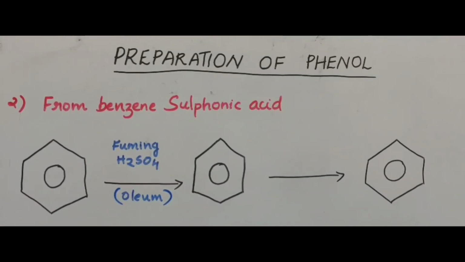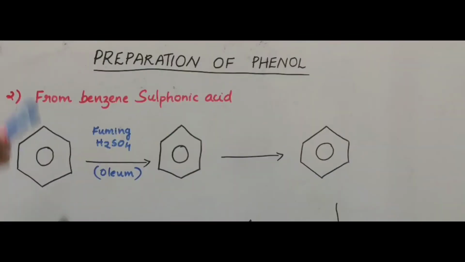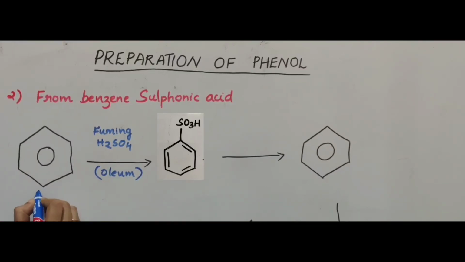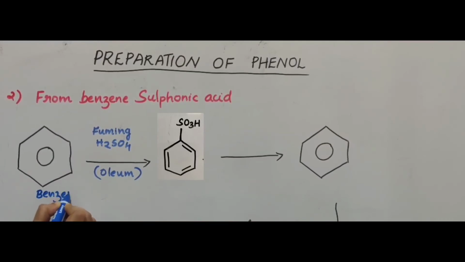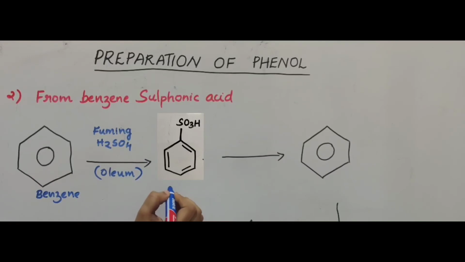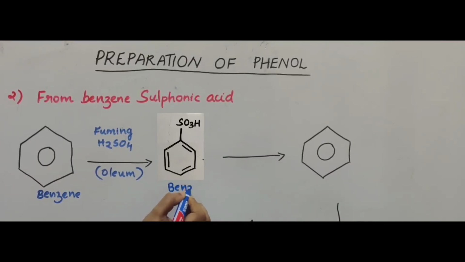Benzene is sulfonated with fuming sulfuric acid, that is oleum, to get benzene sulfonic acid. After this sulfonation, we get benzene sulfonic acid from benzene.